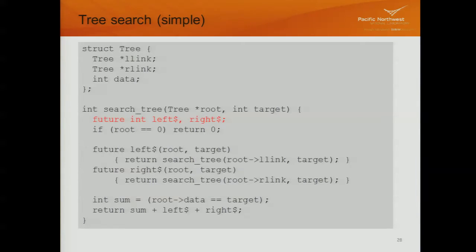So the value of this search will be returned in left. The value of this search will be returned in right. When those two calls return, then I set sum equal to whether or not the root node is equal to target, and then I simply add in left and right, and I'm done. So I wrote a simple recursive program, and this thing will create parallelism as it recurses.